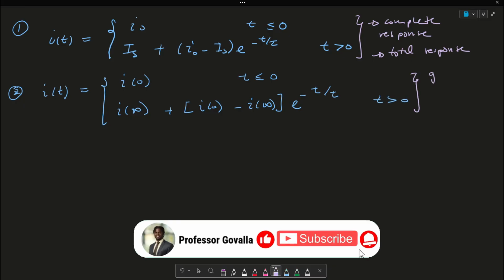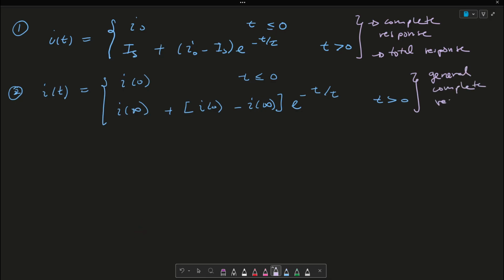And this is called the general complete response. And just so we know, you can append current into all these names. So for example, complete current response, total current response, and general complete current response.